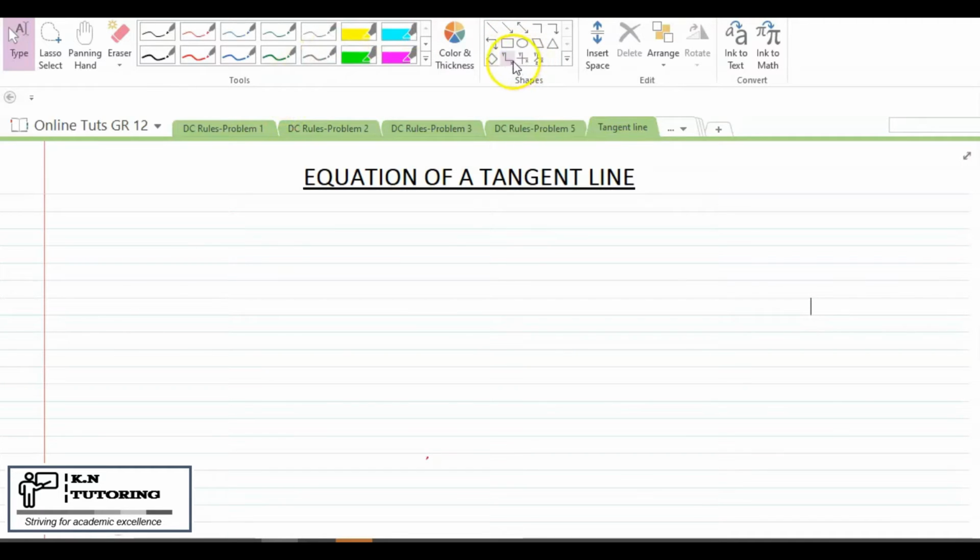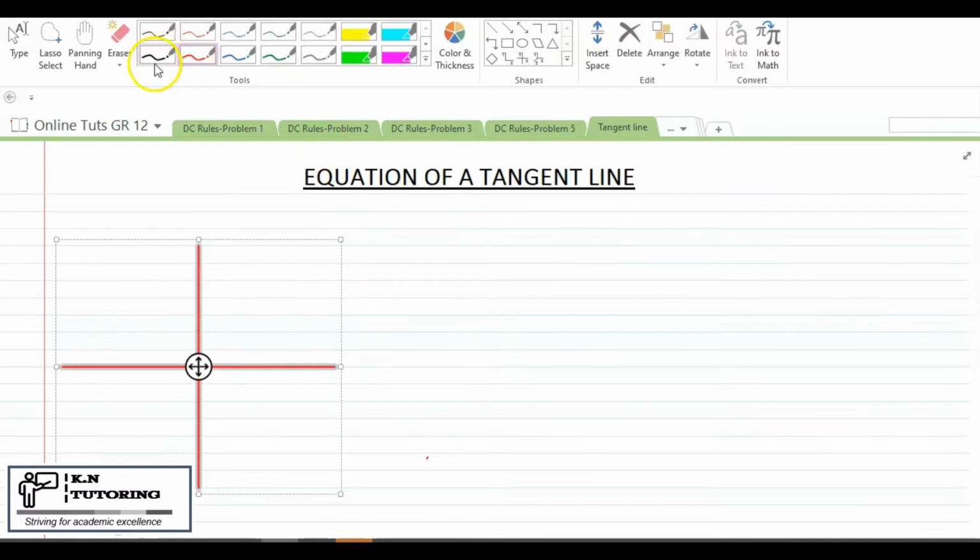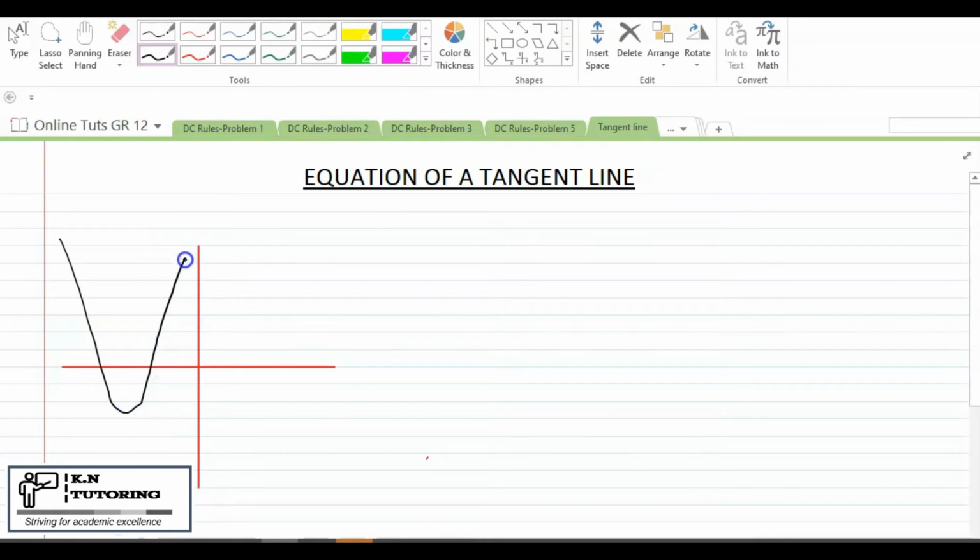Firstly, I'm going to draw a graph so that I can explain where this tangent line comes from, as a quick reminder. Suppose I have a curve, a parabola, going like that. That's your y, that's your x, that's your origin.